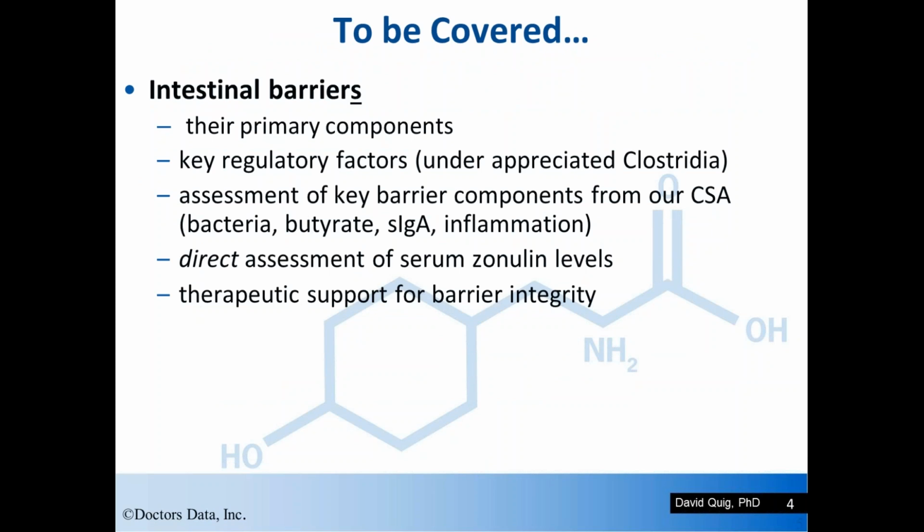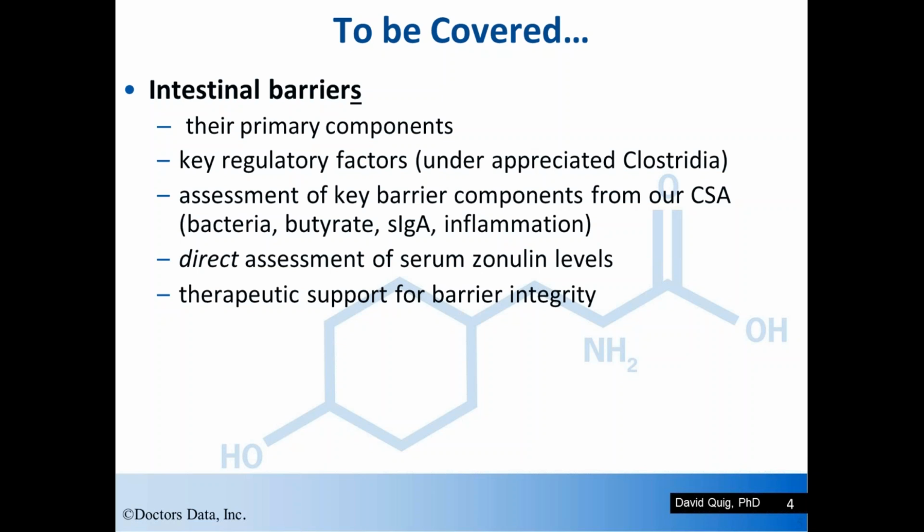So, to be covered today, I'm going to talk about the intestinal barriers, that is with an S, their primary components, and key regulatory factors in maintaining the intestinal barriers, including the grossly underappreciated Clostridium species. I'm going to talk about assessment of key barrier components, that information that can be derived from a truly comprehensive stool analysis, looking at things like the specific bacteria, butyrate, secretory IgA, and the inflammatory protein markers.